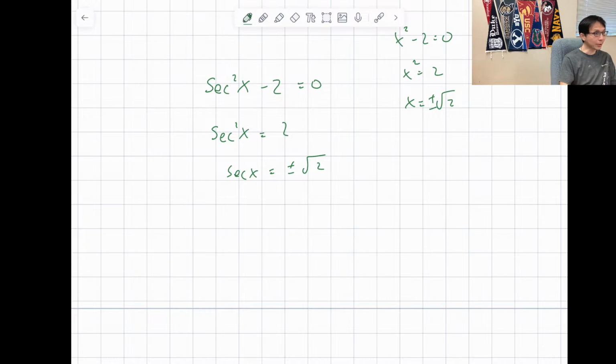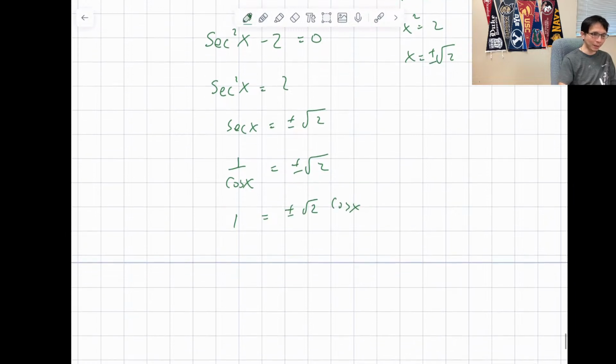So I get to this, and I say, well, I don't know what secant of x is, so I'm going to change it to 1 over cosine of x equal to plus minus square root 2. Then I can cross multiply, so you multiply both sides by cosine of x. That's equal to plus minus square root 2 cosine of x. And you divide both sides by square root 2.